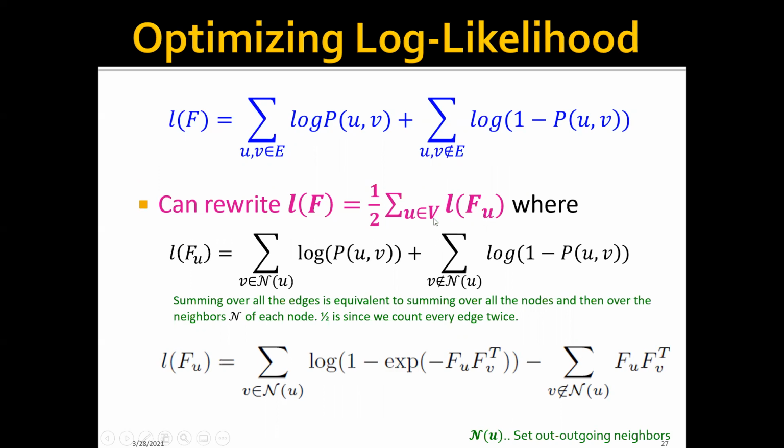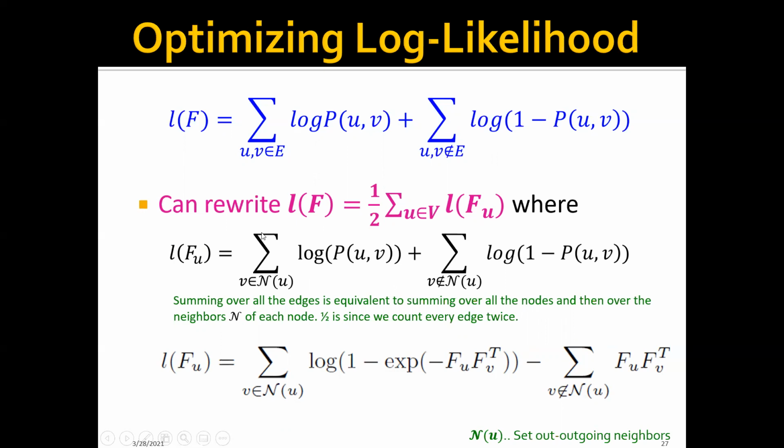So basically this V is the set of all the nodes. And for each node U, we will have one term that's called L of FU. So specifically this L of FU is equal to basically 2 large terms. And this is actually very similar to the original equation. Basically, this is just collecting all the terms that are related to node U.